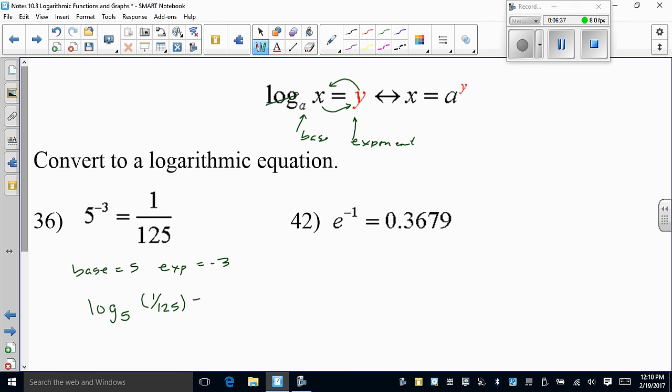Okay, this one, base is e, so we'll use natural log. And your exponent is negative 1. So the natural log of 0.3679 equals negative 1.